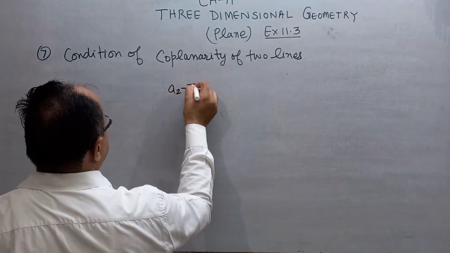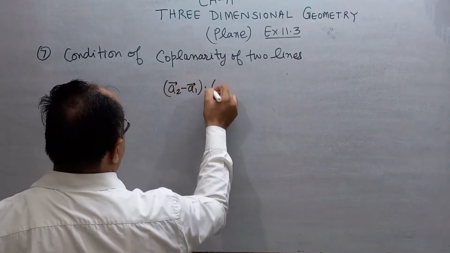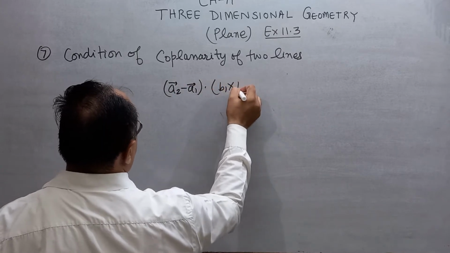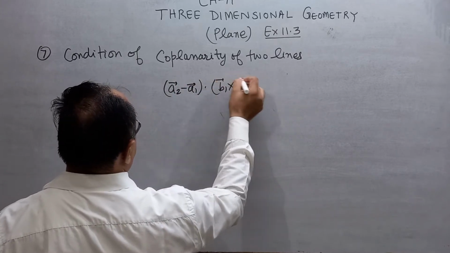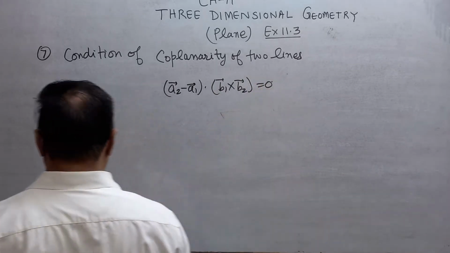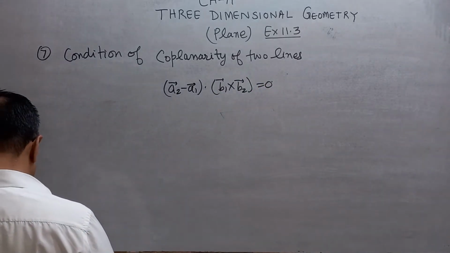A2 minus A1 dot B1 cross B2 is equal to 0. This is the first formula in the vector form.